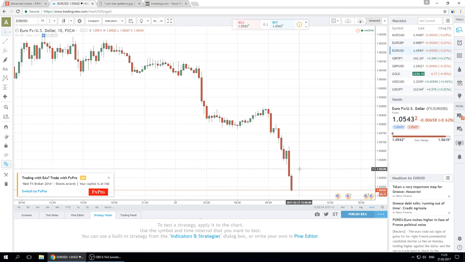So all we need to do in this case is to wait. I'm asking you to wait till this candle finishes, closes, and to see what will happen next.